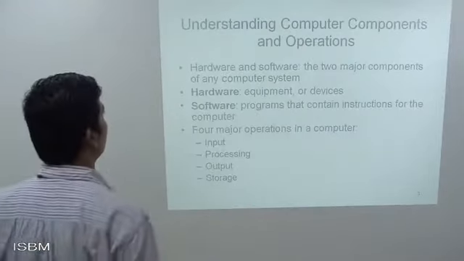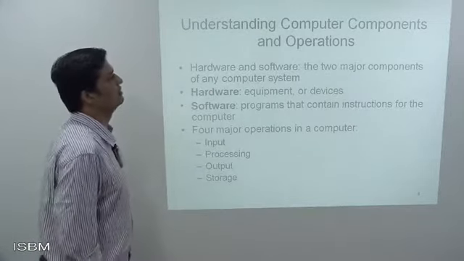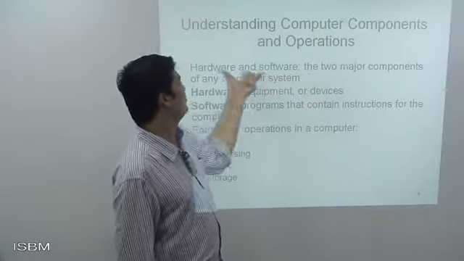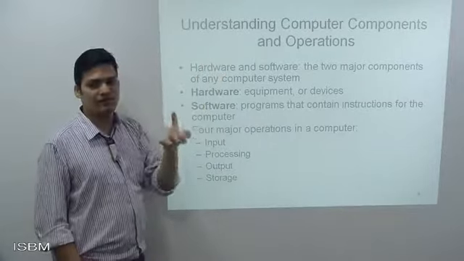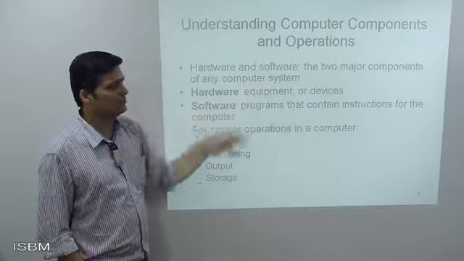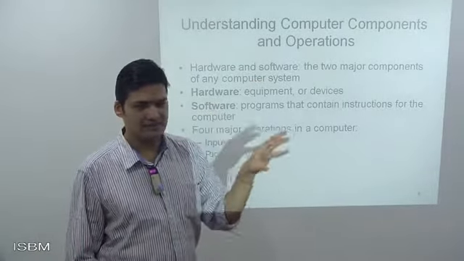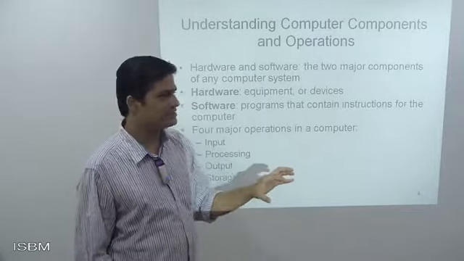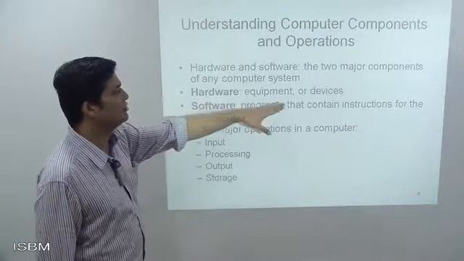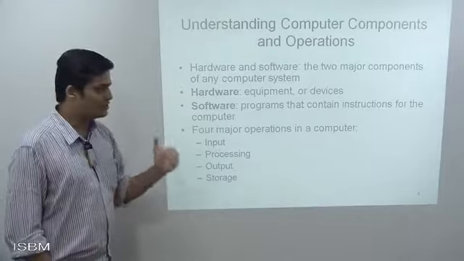So understand the computer components and operations. So what are the operations? There will be hardware and software. The two major components of a computer system, we know that these are the two major components, hardware and software. Hardware is like your keyboard, mouse, monitor, CPU. Those are the hardware, and software is basically installed in a system, like your operating system, your application software. The hardware is equipment or devices, and software is programs that contain instructions for the computer.